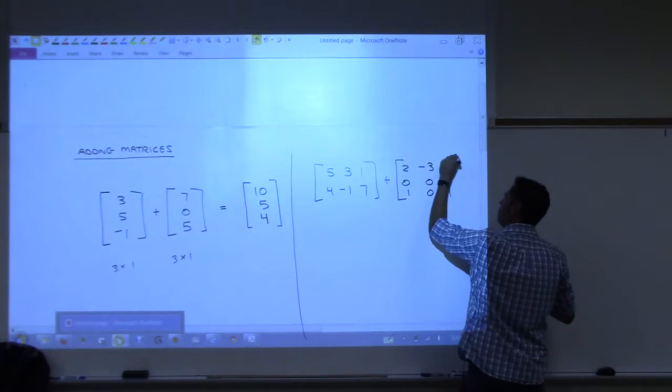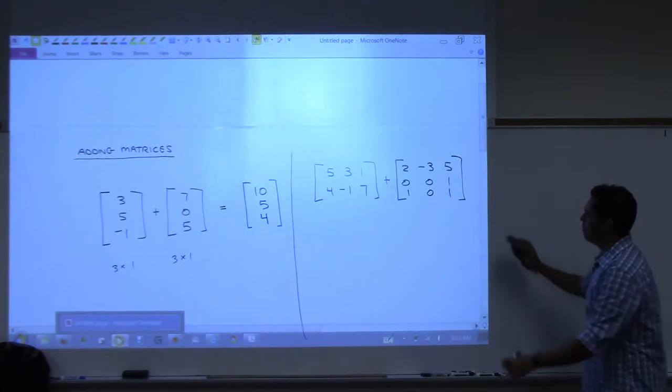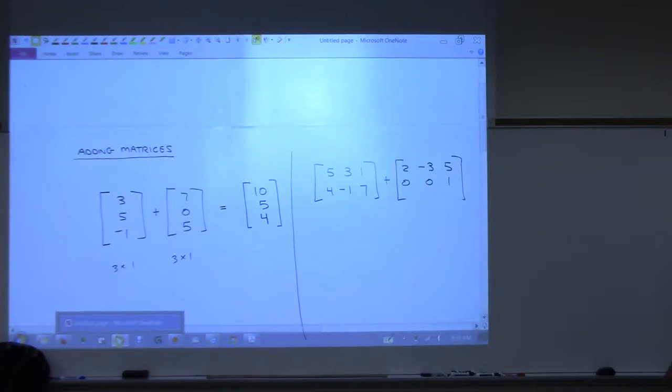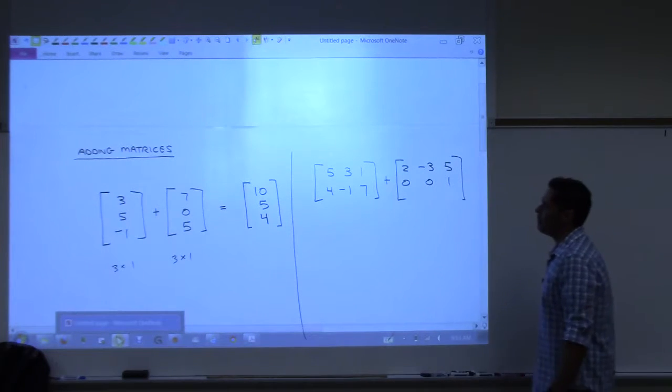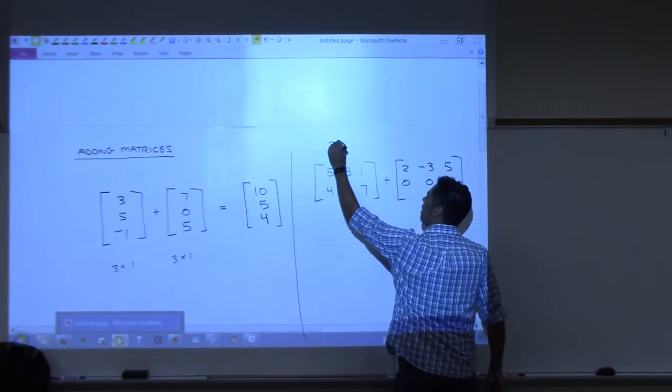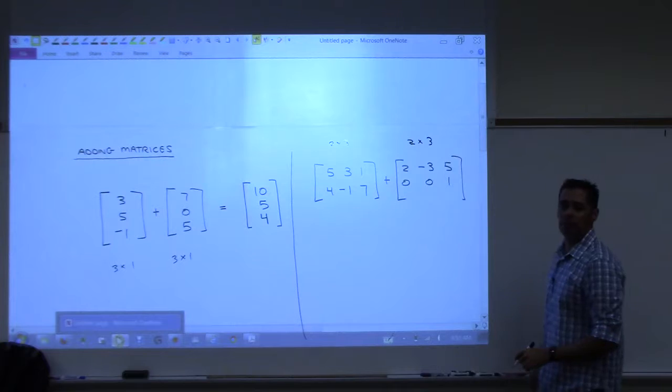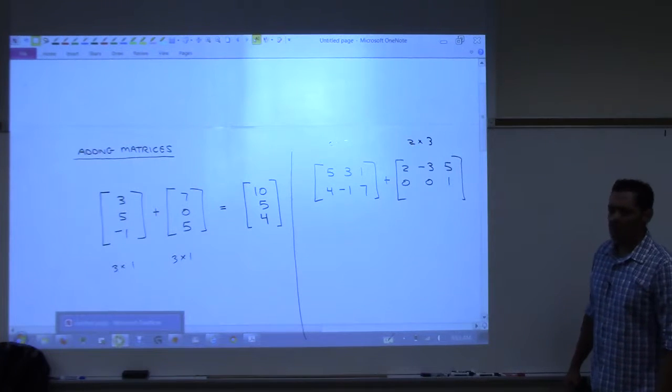Sorry, I put too many. Got a little carried away there. Can we do that? Those are both what by what? That's a 2 by 3. This is a 2 by 3. So we can add them together. So how do you think we're going to add them?